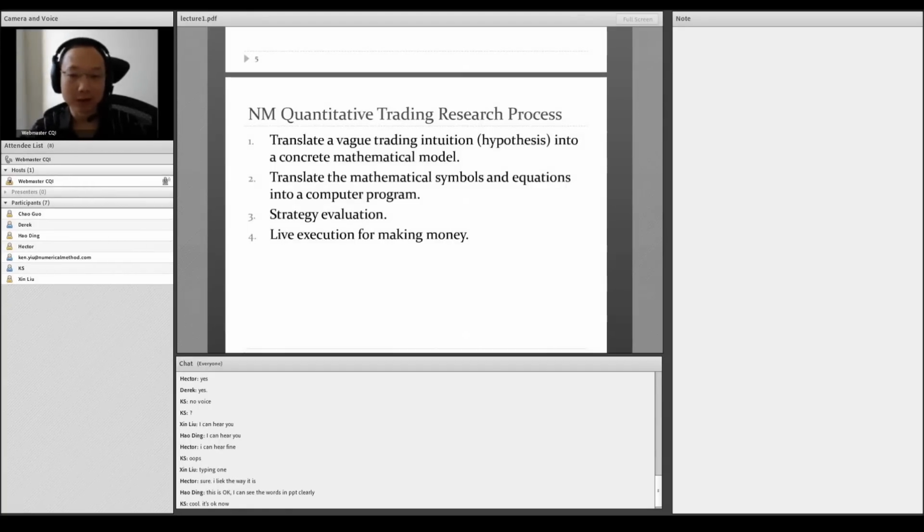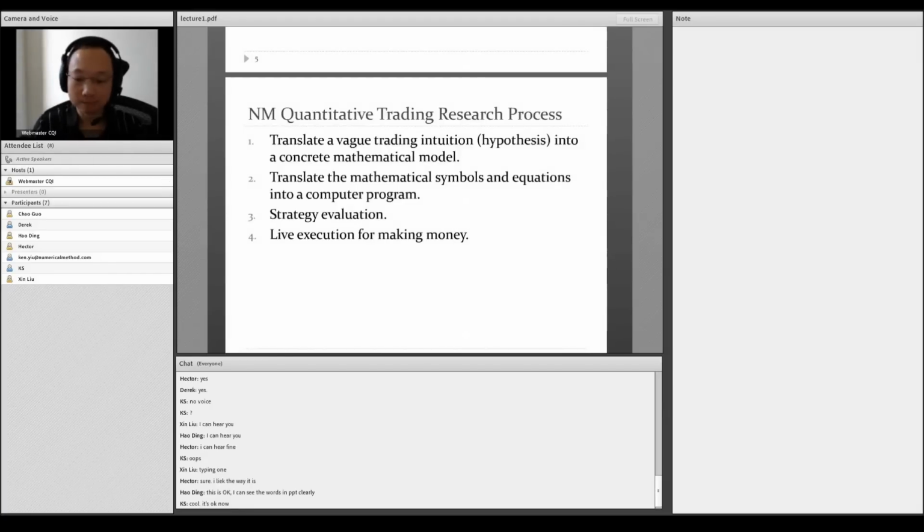The first step is you somehow convert this very weak trading idea or intuition into Greek, into mathematical symbols. This is a very significant step because it makes something very concrete. Usually a trading idea is not very concrete. Let's say buy low and sell high.